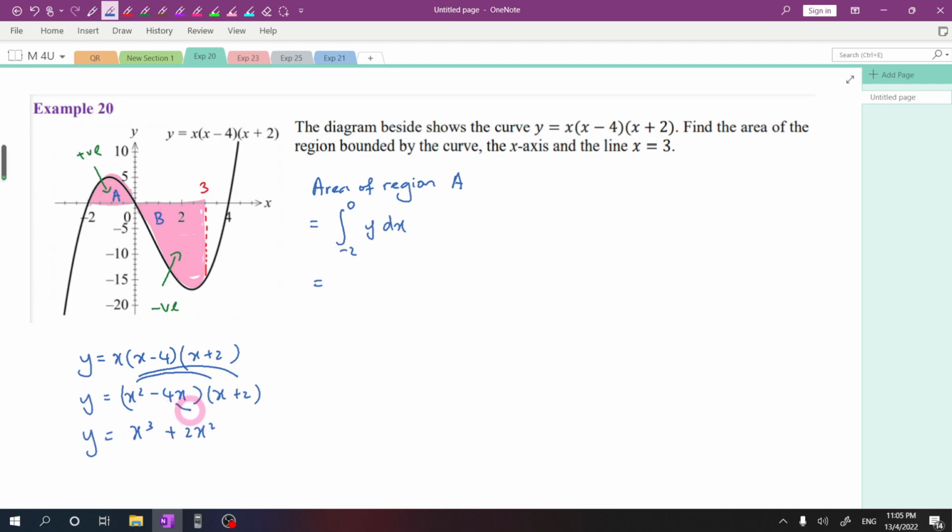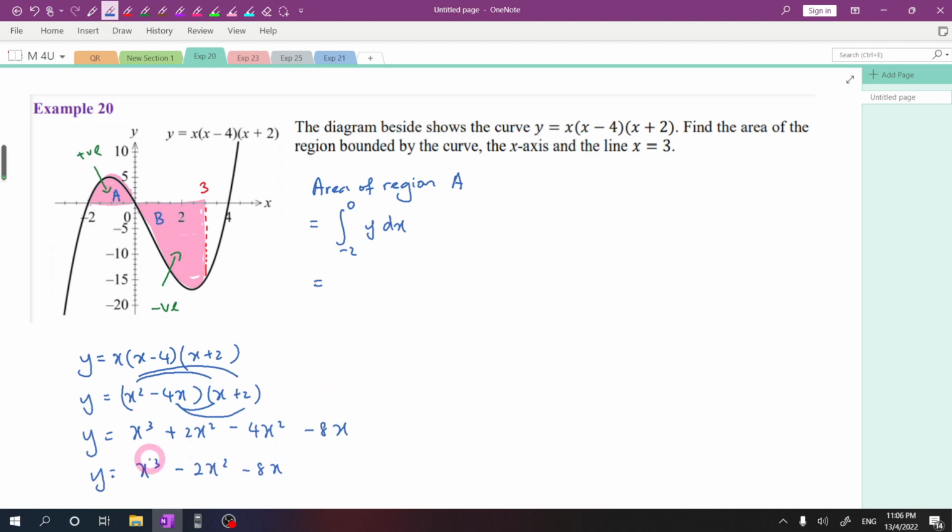And negative 4x times x, negative 4x squared. Negative 4x times 2, negative 8x. Okay, then we do some simplification. Like terms, we can simplify them. So here will be x cubed plus 2x squared minus 4x squared will give you negative 2x squared, minus 8x.